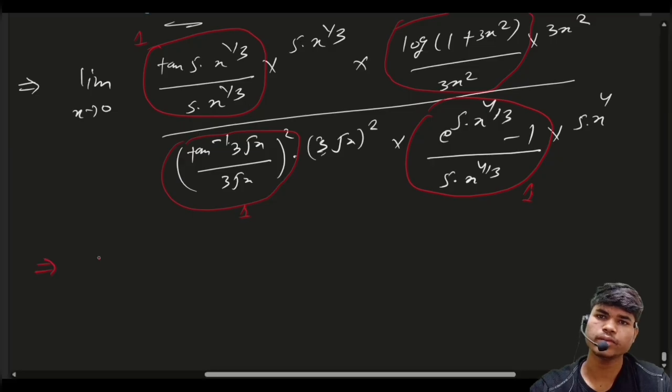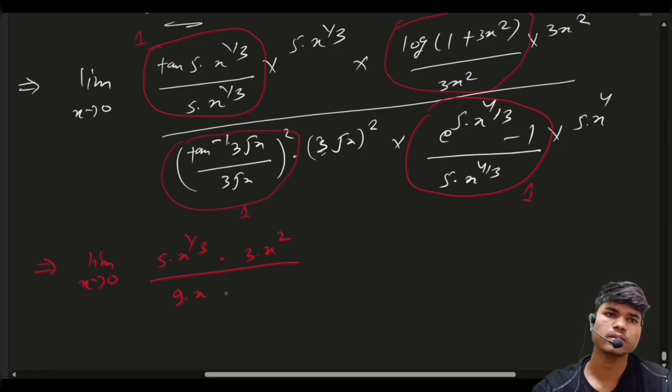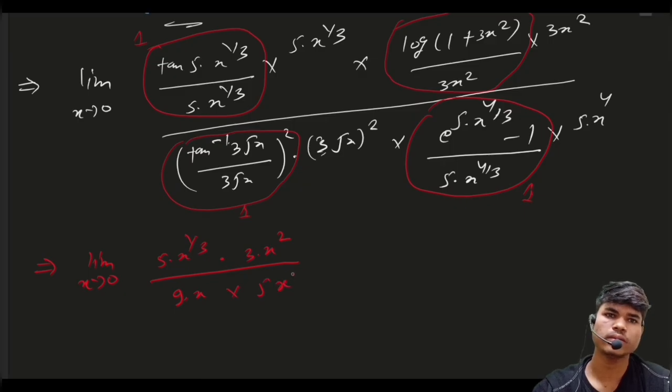So now we have limit x tends to 0 5 into x to the power 1 by 3 into 3 into x to the power 2 divided by 9 into x into 5 x to the power 4 by 3.